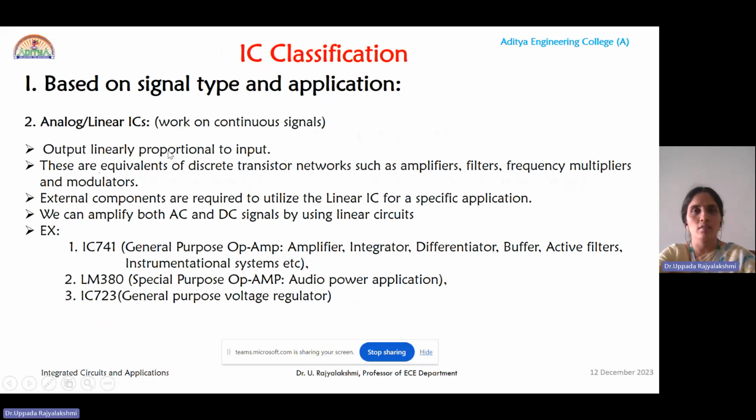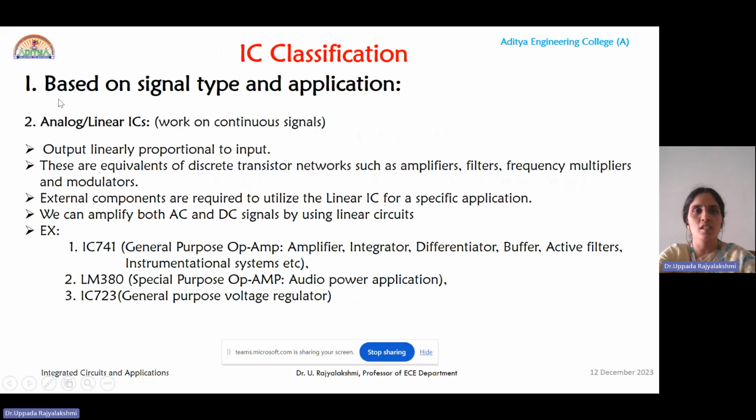And here we require external circuitry in order to make it suitable for a particular application. So that's why operating region characteristics stabilization is required for these linear ICs. Another advantage of this linear IC is that we can amplify both AC signals as well as DC signals.